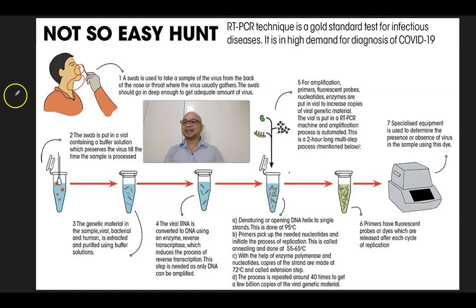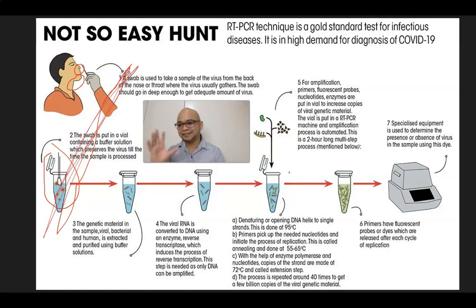So now, you have to put it in the VTM. The swab is put in a vial containing a buffered solution, which preserves the virus until such time that the sample is ready to be processed. At this point, the virus is still viable, so you have to be careful.